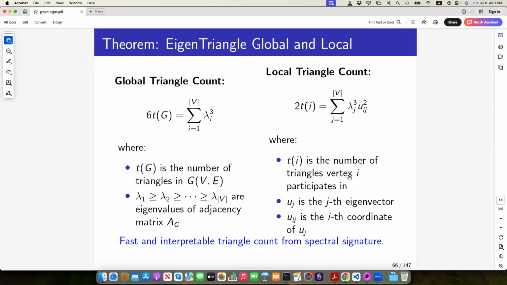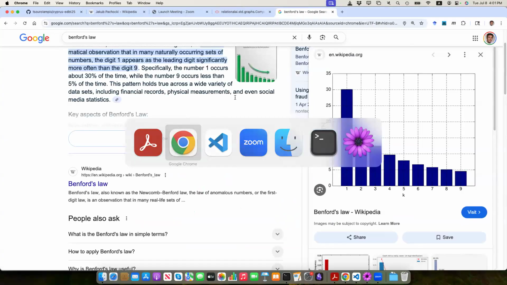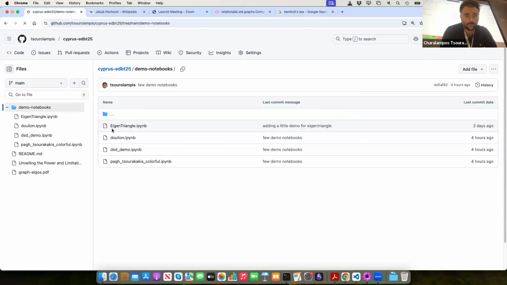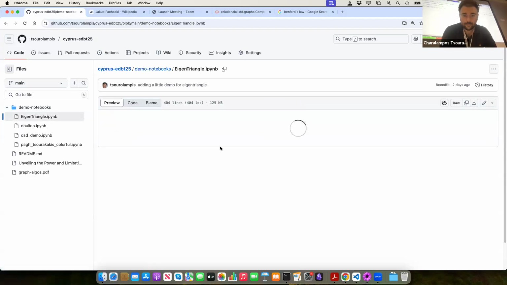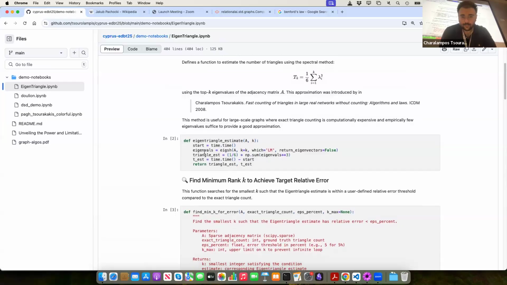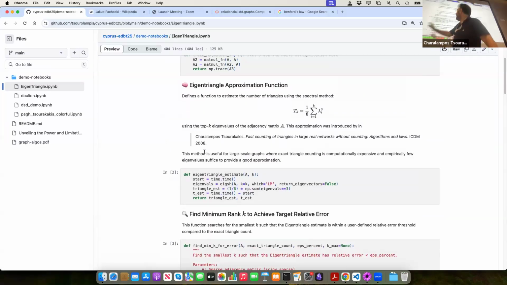So let me show you something quickly. If you go to, let's see, the demo notebook. So this is a simple algorithm, right? Eigentriangle estimate. It takes the adjacency matrix and the rank of approximation that you care about.